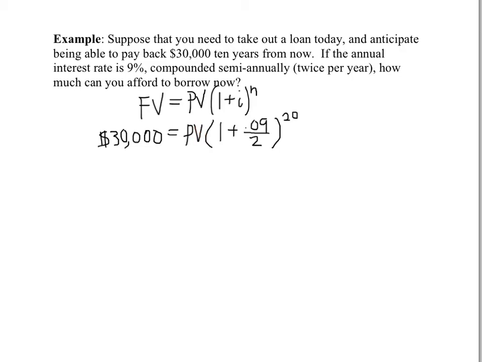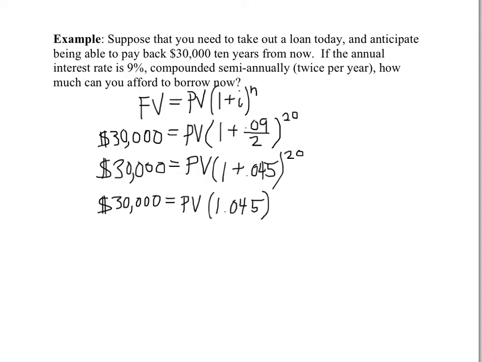Now that we've plugged in all known values in our formula, and the only unknown is our PV that we're solving for, it's just a matter of algebra from this point until the end. We have $30,000 equals PV times 1 plus 0.045 to the 20th. 1.045 is the semi-annual growth factor, and 1.045 to the 20th is the overall 10-year growth factor.